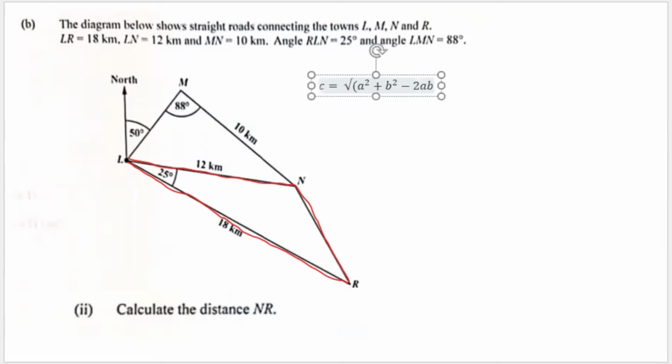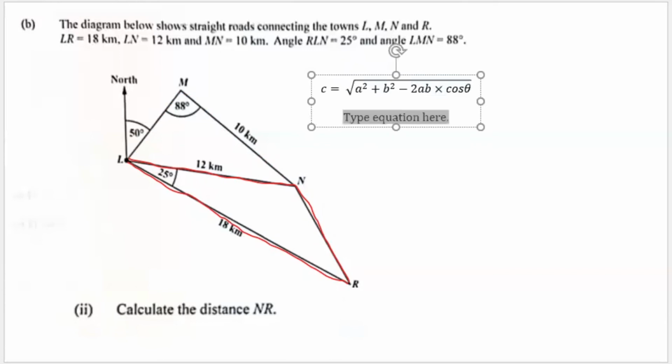A and B, guys, are the known sides, which in this case would be the 12 kilometers and the 18 kilometers. C is our unknown side, the side that is always opposite to the angle which is given in your triangle. So 2ab is multiplied by cos theta, or cos of the angle. It's the square root of all of that.